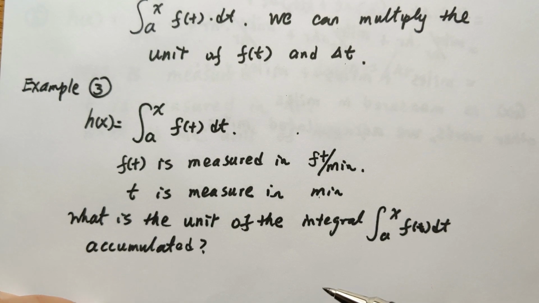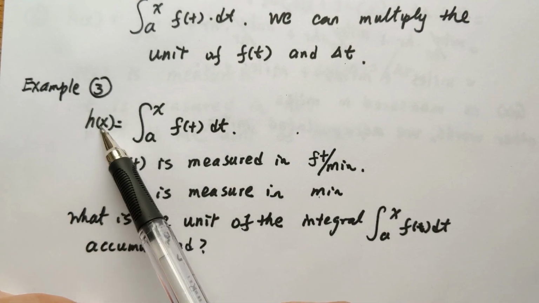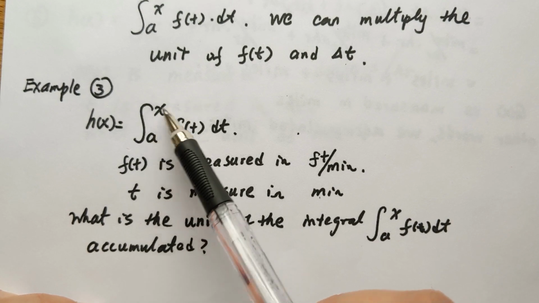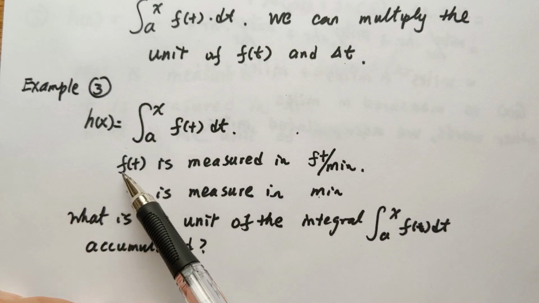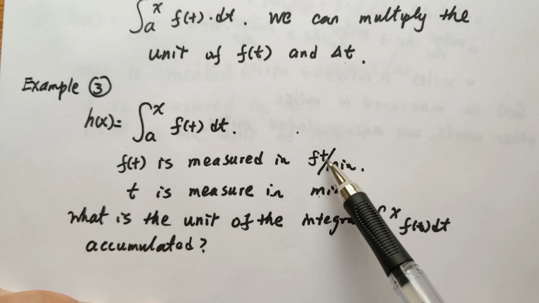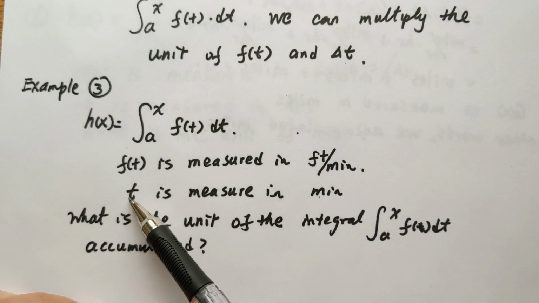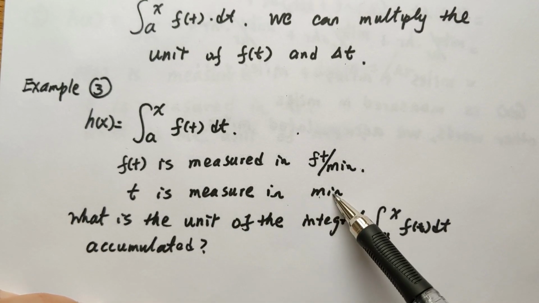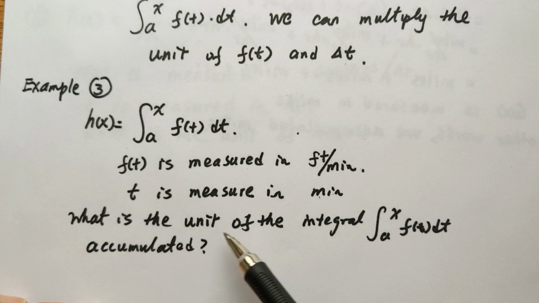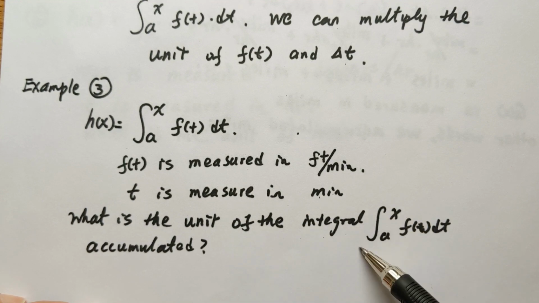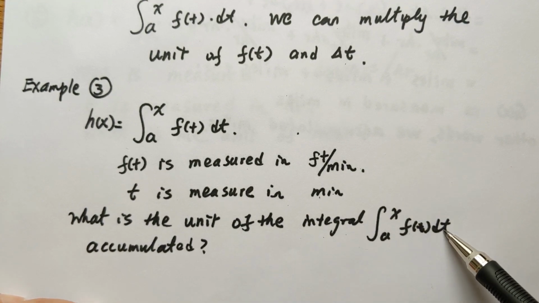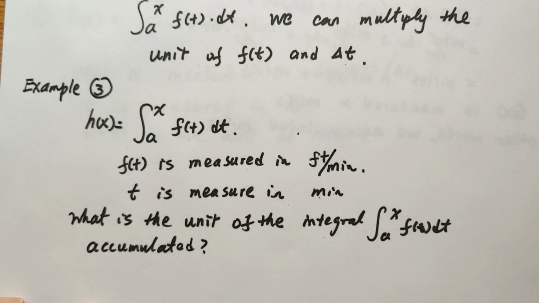Example number 3. So we have h of x equal to the integral of f of t dt. f of t is measured in feet per minute, and t is measured in minutes. What is the unit of the integral of f of t dt accumulate?